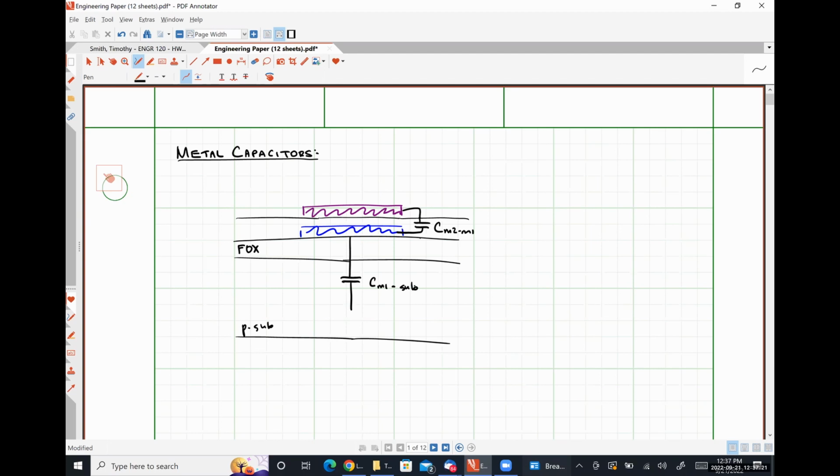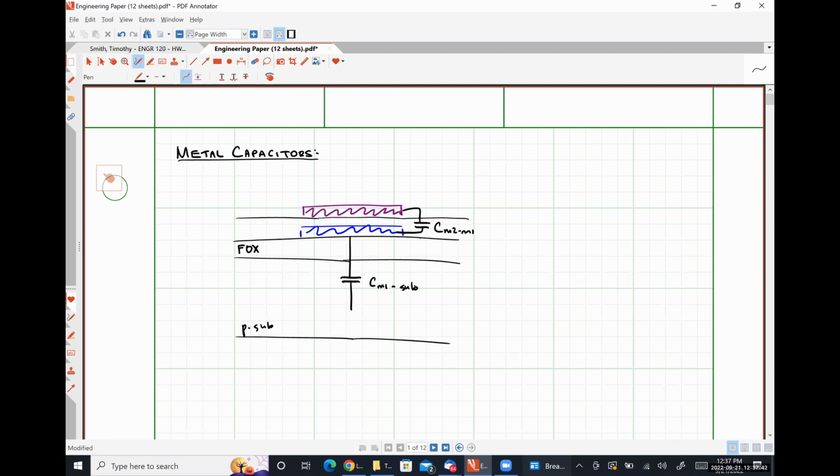A couple of things that we need to talk about here with regards to these metal capacitors, okay? The math involved is effectively going to be the exact same thing as we did with the poly 2 capacitor. However, we are typically going to get significantly smaller capacitances.